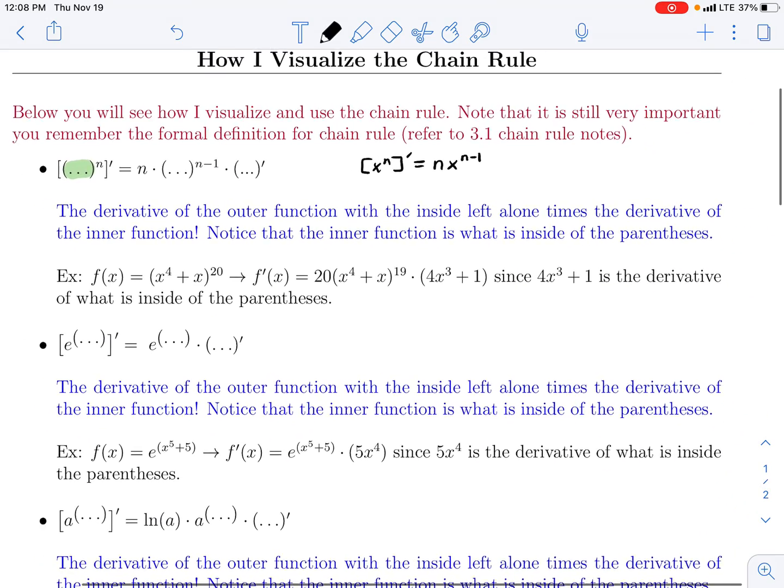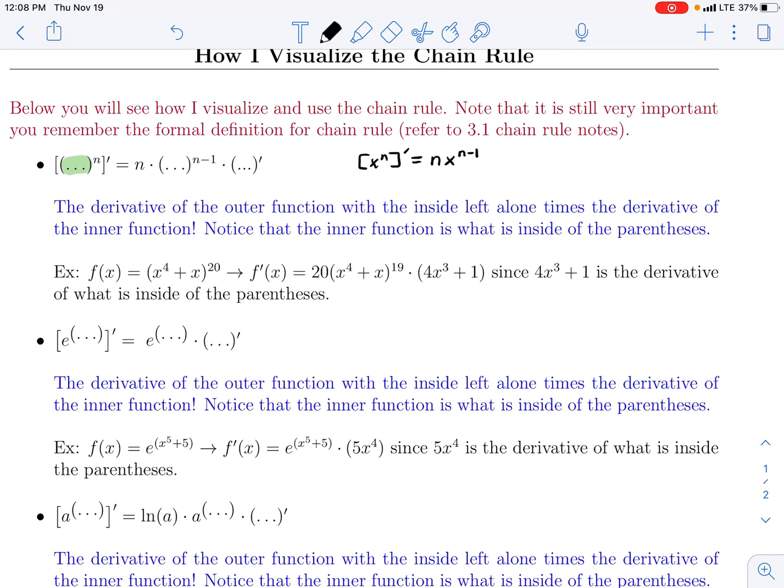So hopefully this visualization helps you a little bit. And here in this handout, I also include an example of what I'm talking about. So here you see that I have f of x is equal to x to the 4th plus x to the 20th. Okay, so here I'm picturing my parentheses to the 20th power. So I bring down my power, I bring down that 20, copy the parentheses to the 20 minus 1, which is 19, and then times the derivative of what's inside of my parentheses.